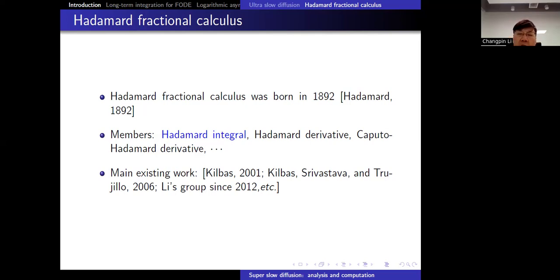So such derivatives are induced by the Hadamard fractional integral. Till now, there is some existing work. This is the journal paper, and this is the Hodge book, and my group has worked on this since 2012.